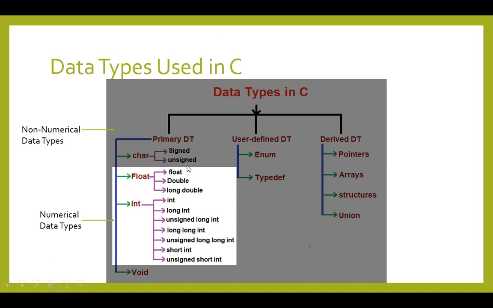Okay. So it can hold some fractional numbers. Double means the amount of fractional numbers it can hold, or let's say how many decimal points it can manage. So that is kind of doubled than this floating type.